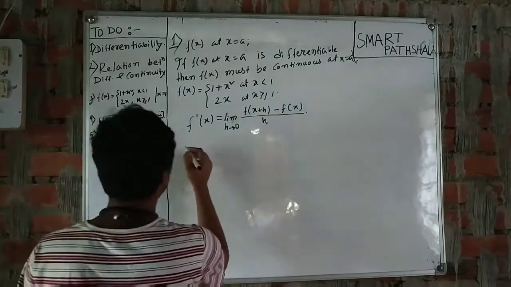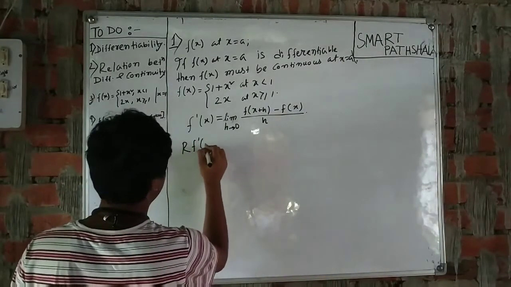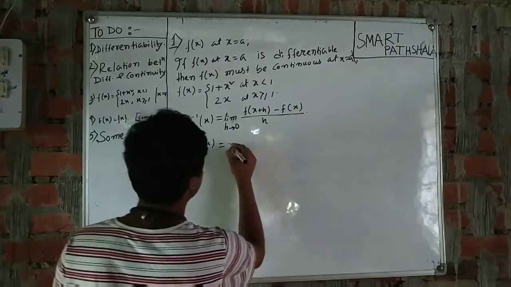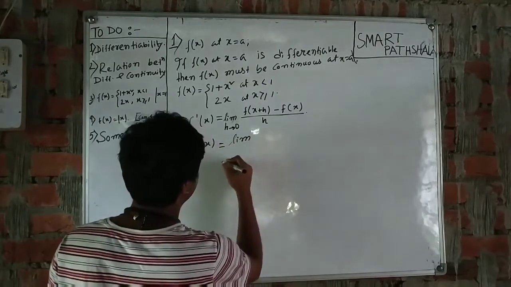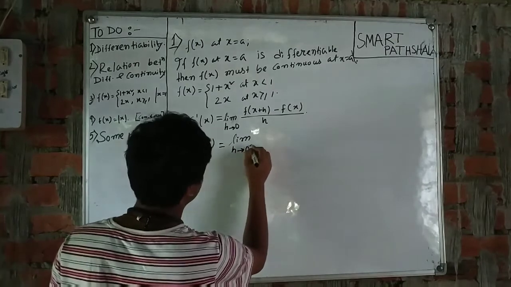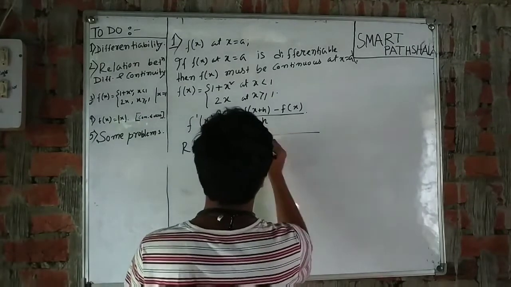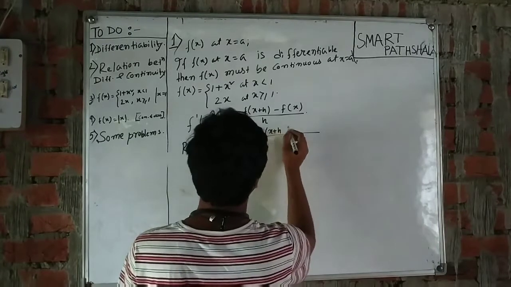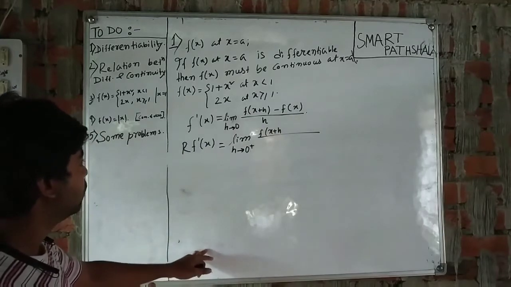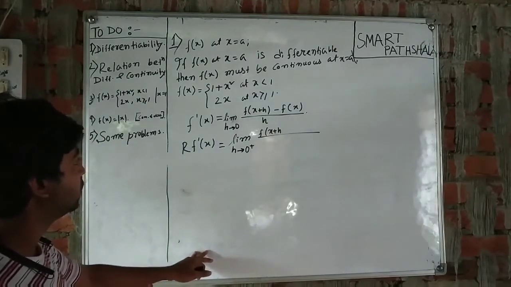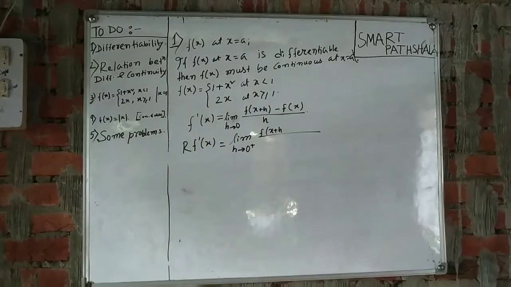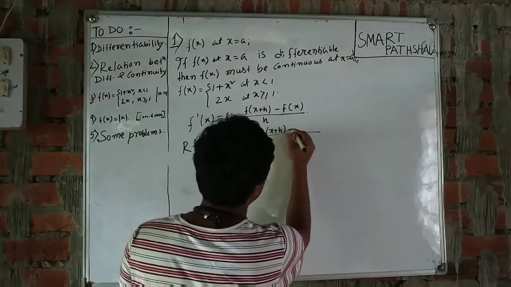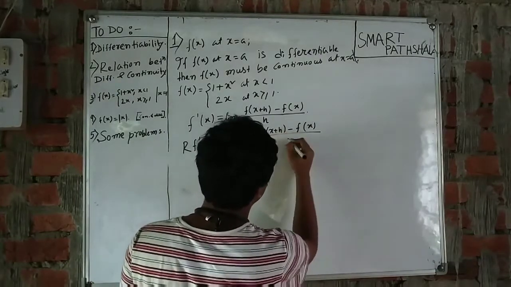Now we need to find out the right hand derivative of f of x, for which we write limit h tends to 0 plus of f of x plus h, sorry, f of x plus h minus f of x by h.